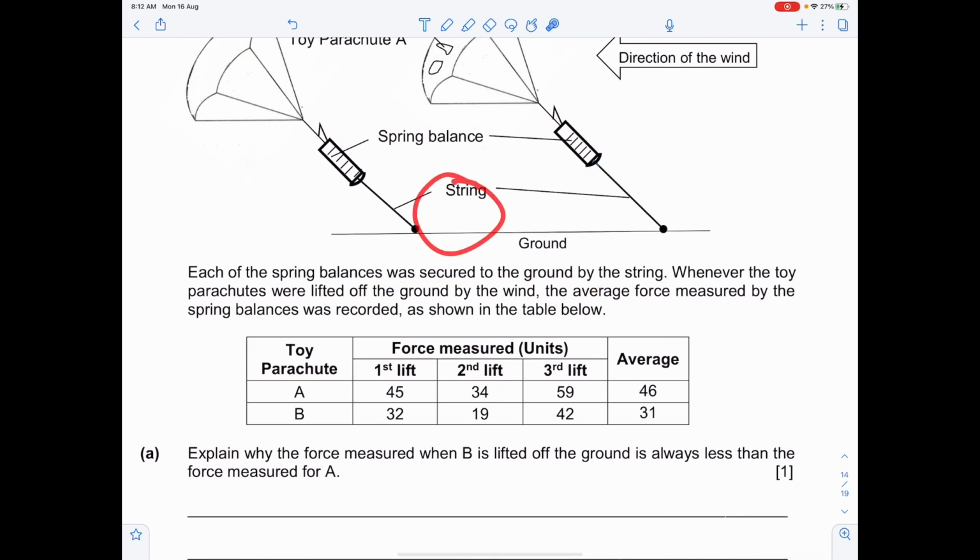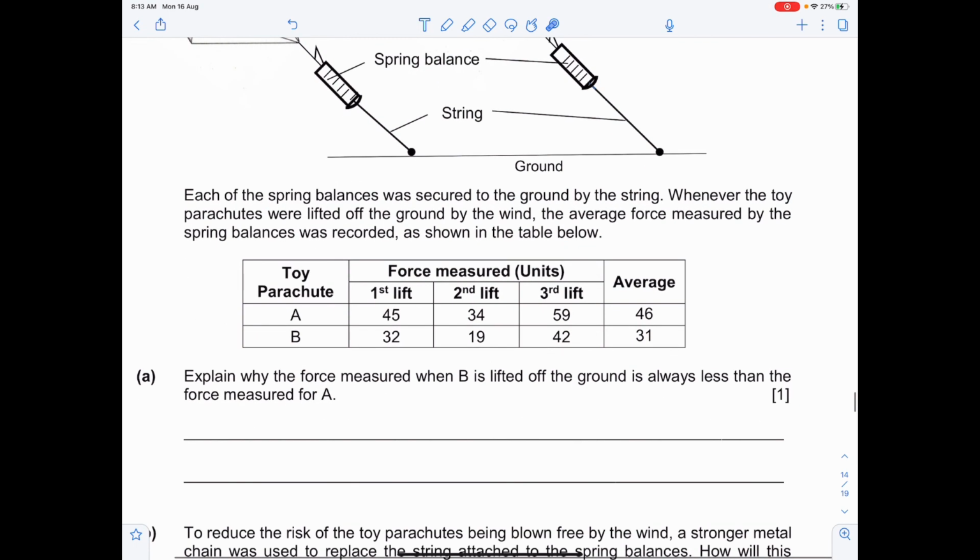Whenever the toy parachutes were lifted off the ground by the wind, the average force measured by the spring balances was recorded, as shown in the table below. Explain why the force measured when B is lifted off the ground is always less than the force measured for A.